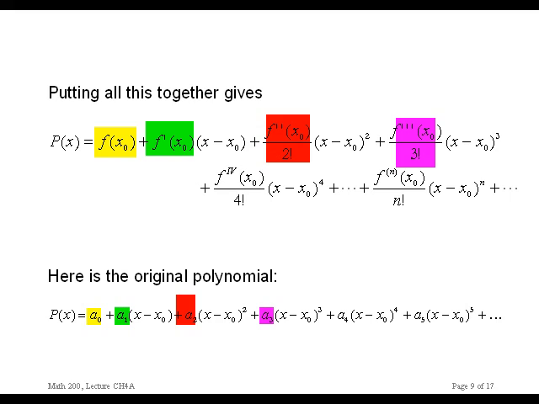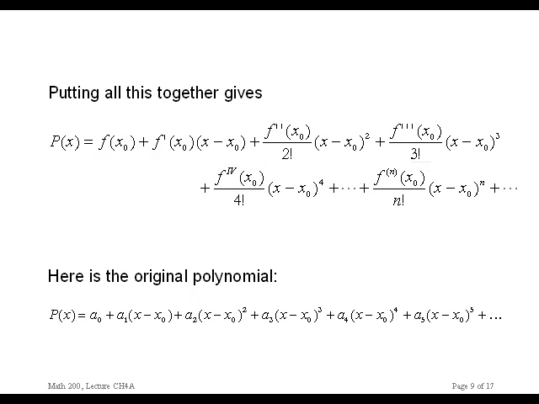This is the Taylor series right here. It is a polynomial in x. The constant term is just the function. The first term is the first derivative of the function times x minus x naught.